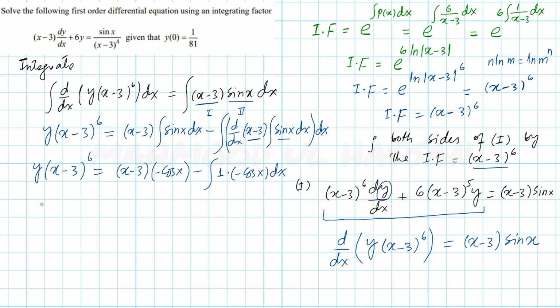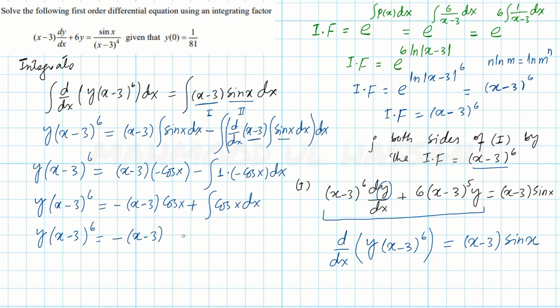So y into (x minus 3) to the power 6 is equal to minus (x minus 3) times cos x, and the outside minus becomes positive, so the integral of cos x dx, which is sine x, plus the constant of integration.